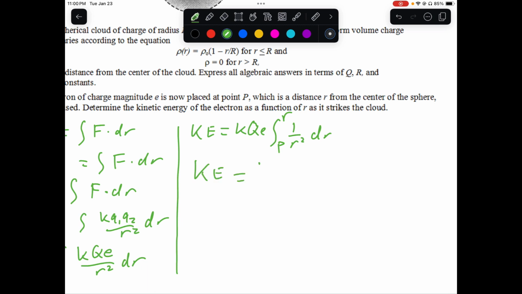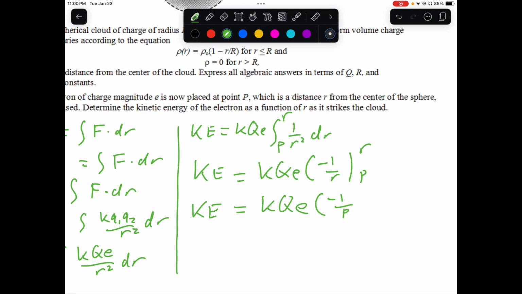So I get this K, Q, e, and the integral of 1 over R squared is negative 1 over R, evaluated from point P to r. So that kinetic energy is just going to be equal to K Q e times, let's see, 1 over P minus negative, a lot of negatives. Actually, I'm sorry, that should not be 1 over P, that should be 1 over r.